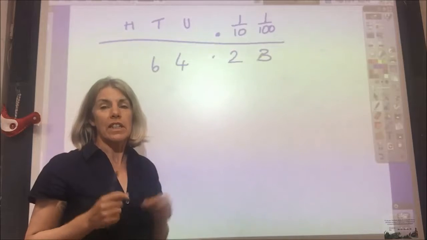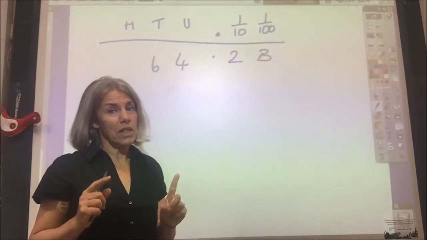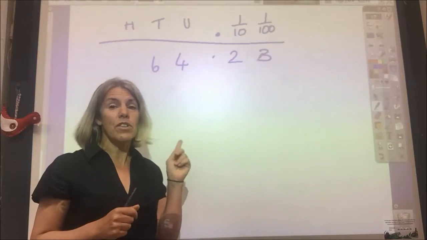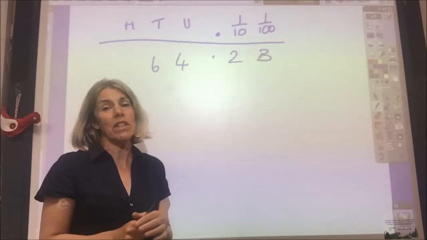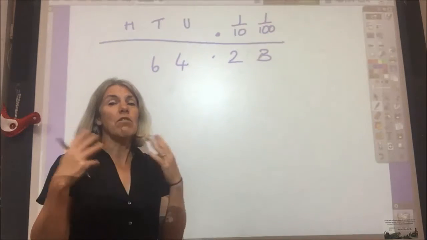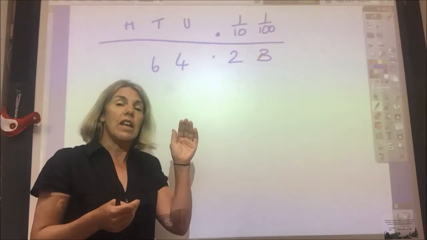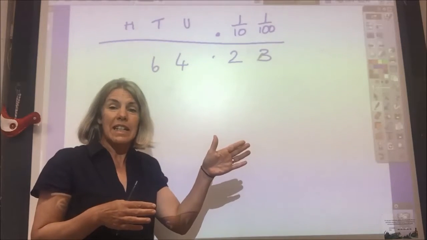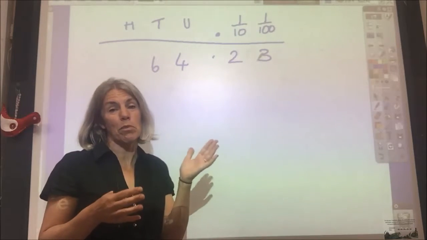If you find decimals difficult to deal with, it sometimes makes it easier to convert those numbers into pounds and pence, because you've been dealing with pounds and pence ever since you were in the foundation phase, and I know that you find money really easy to deal with. So if it helps, translate it roughly into money and you will find that it makes much more sense.